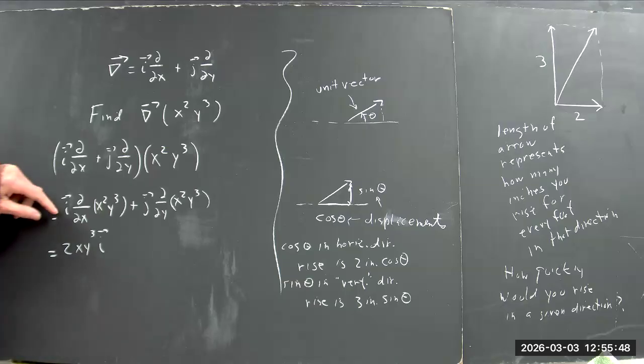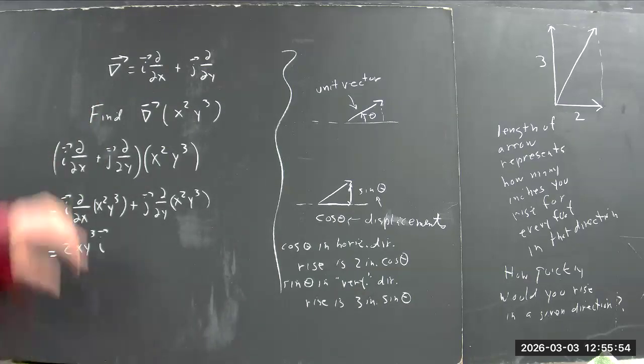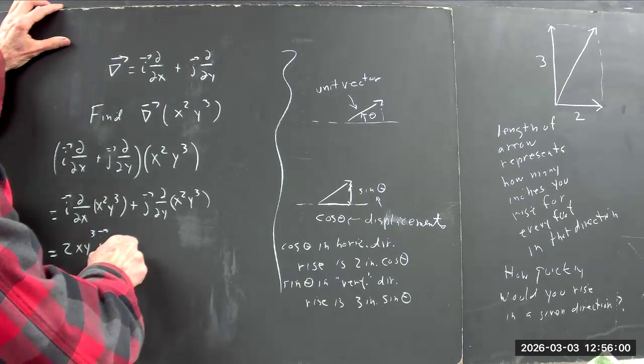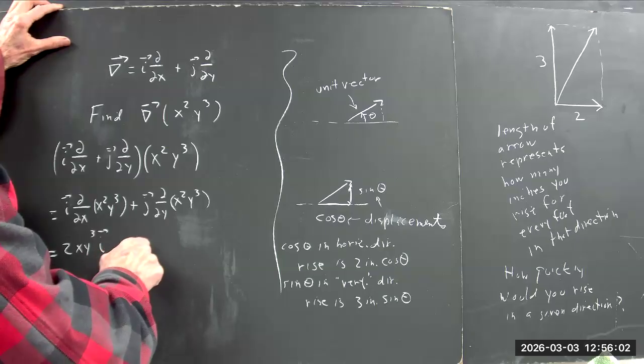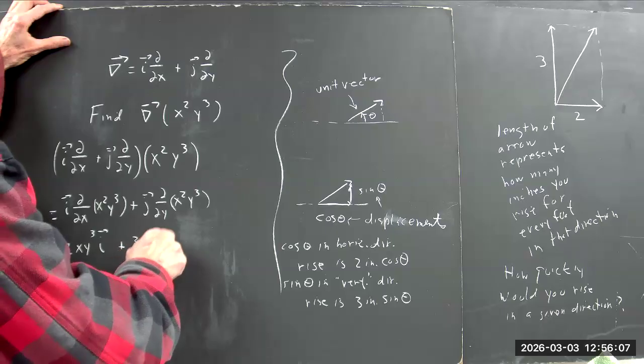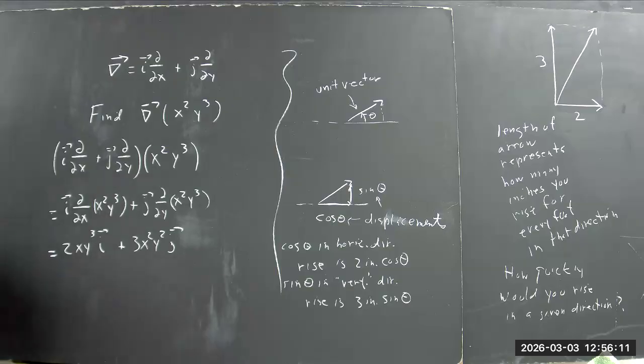I wanted to put the i at the beginning up to this point so that you would see that the partial applies to the expression rather than having to kind of sort that out. But anyhow, it's going to be then 3x squared y squared j. Okay, makes sense?